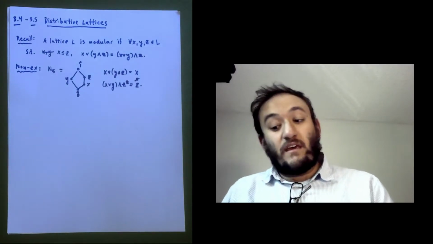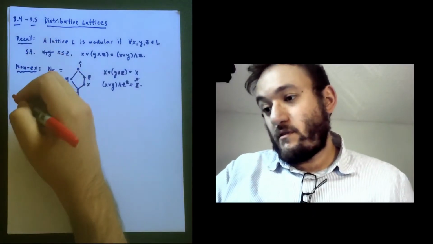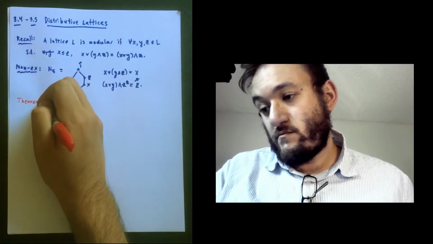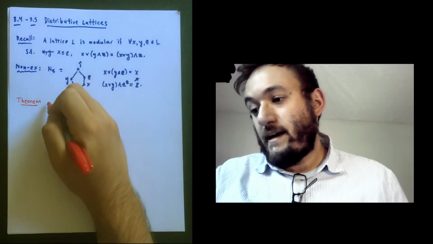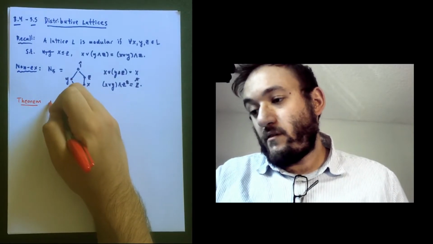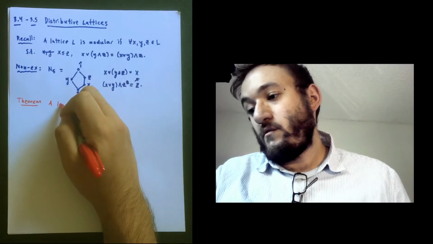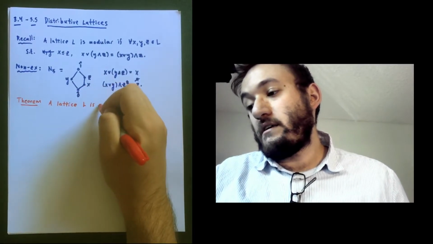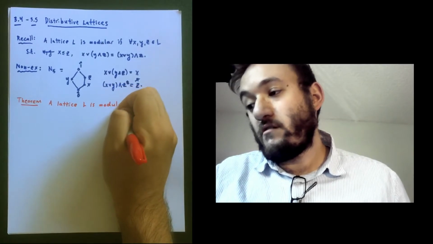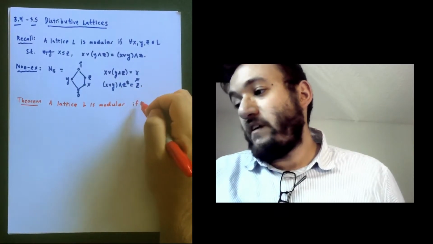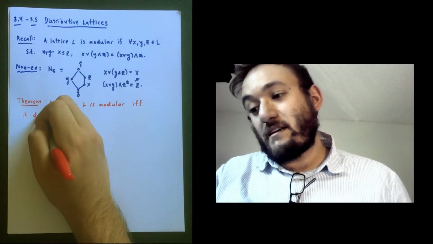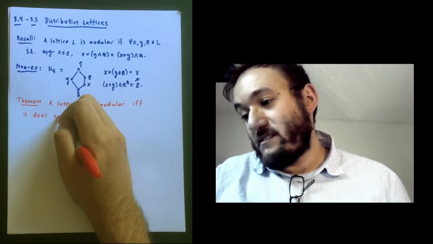But we can say something even stronger. A lattice L is modular if and only if it does not contain N5 as a sublattice.